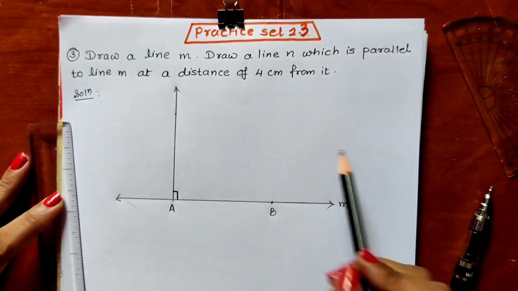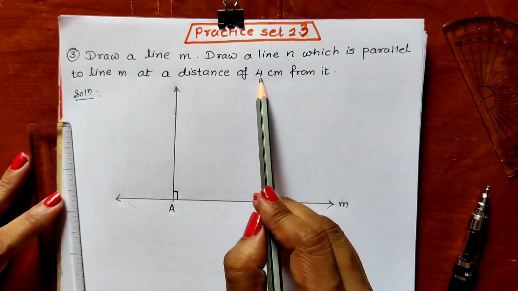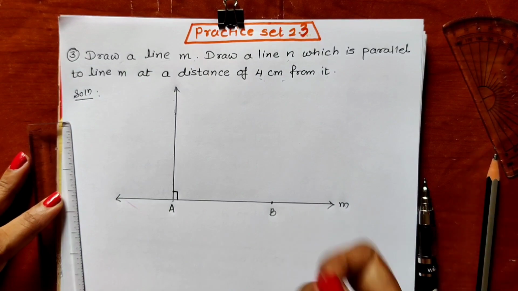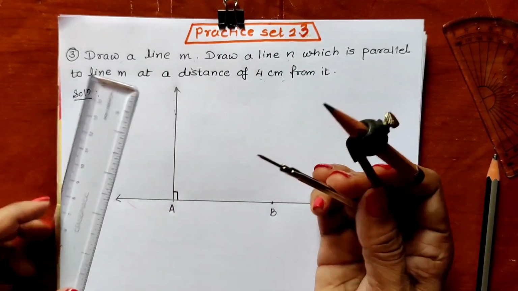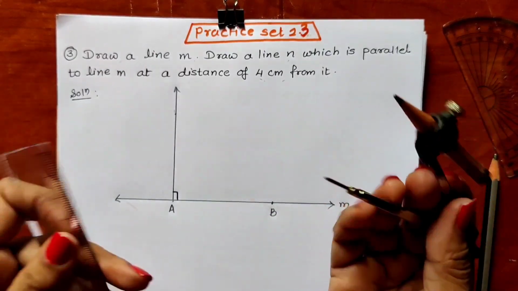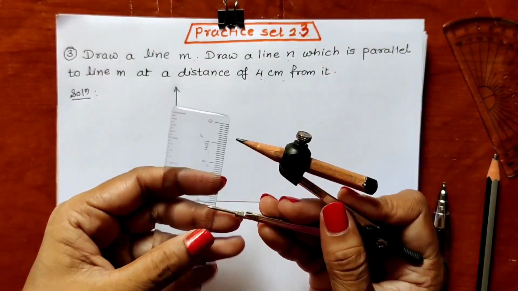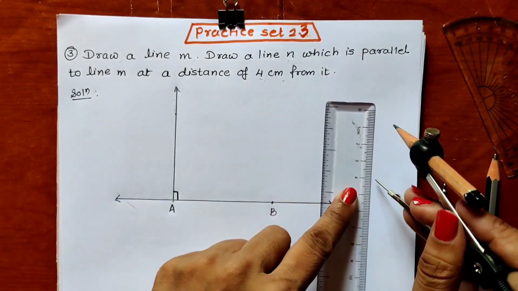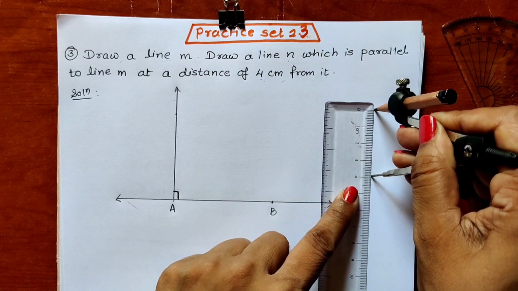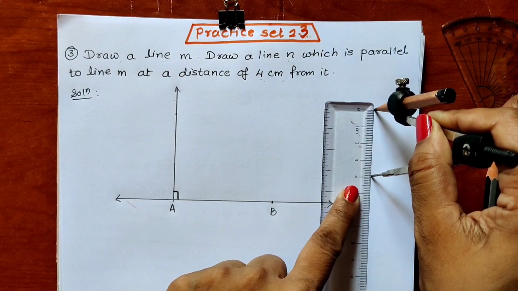Now, as the line is at 4 cm distance, I will be plotting a point at 4 cm by using my scale and compass. So I will be taking 4 cm distance in this way, exactly 4 cm as you all can see here.